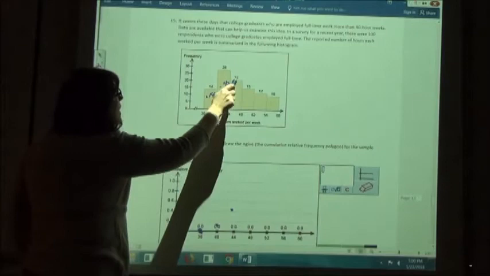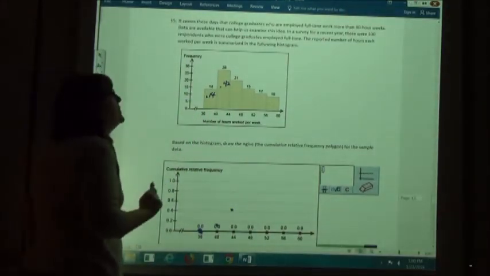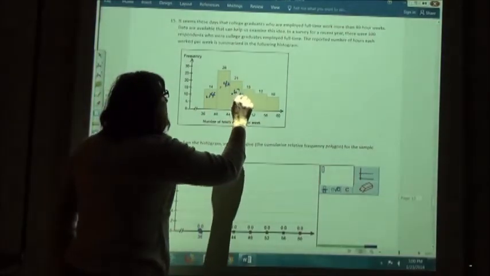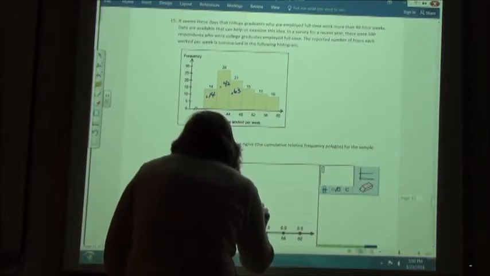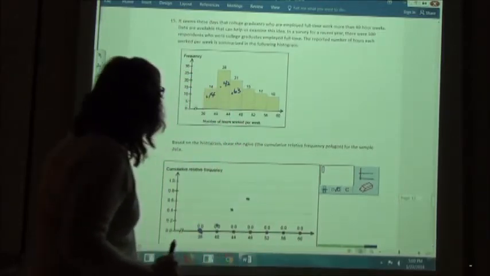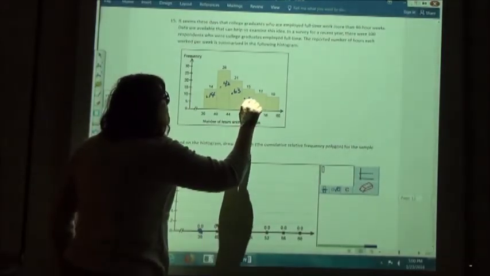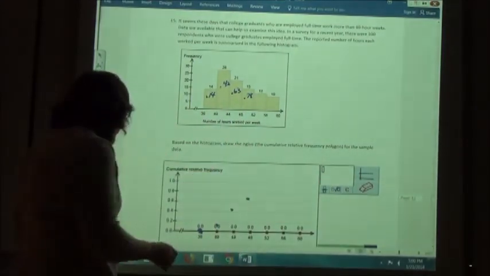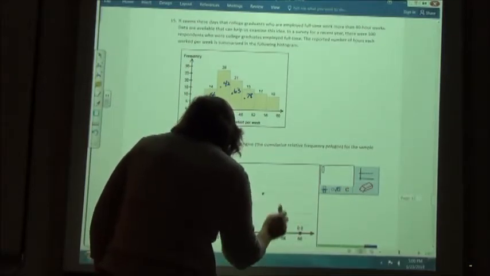The next one, we're going to add the 21, so I would get 63, so 0.63. So a little bit above the 0.6. The next one, we're going to add the 15, so we're going to get 78. 78 wouldn't be quite up to the 0.8, but close.